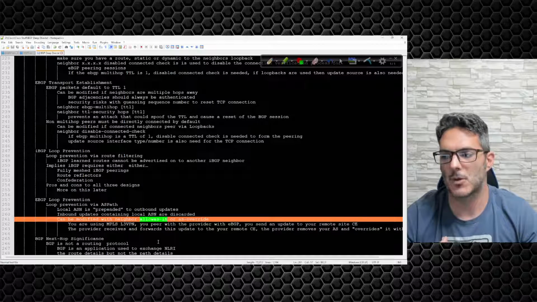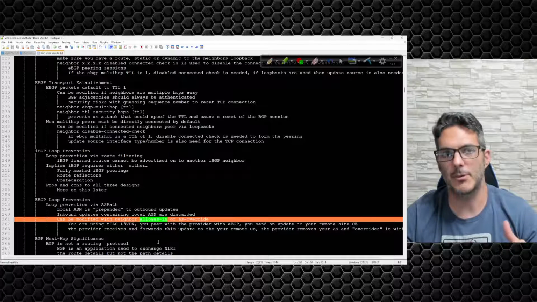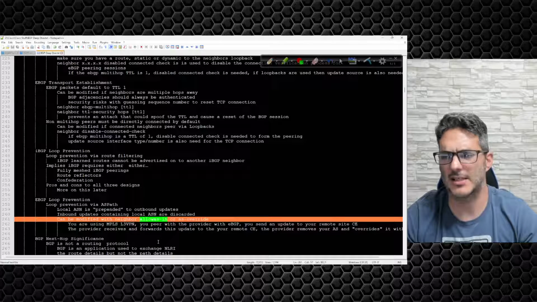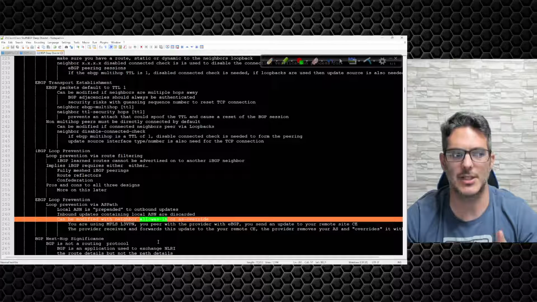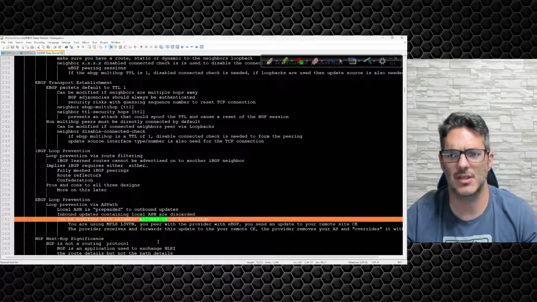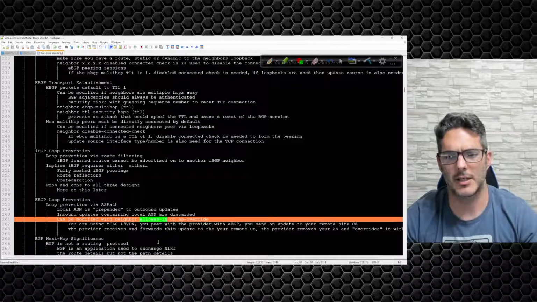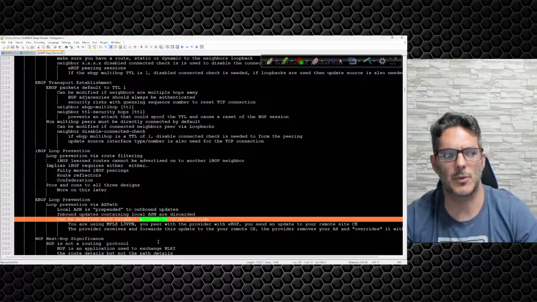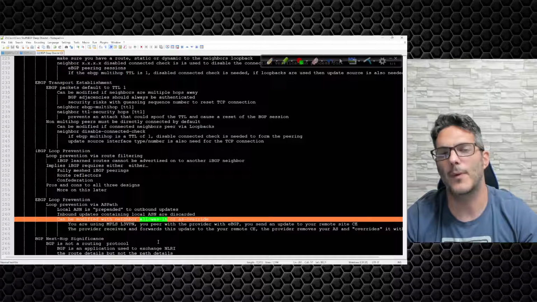When he went to implement this, I got a call at 10 o'clock at night. He was panicking because he didn't see any routes being learned. I asked, what does your BGP AS scheme look like? He said, well, I've got 65000, or whatever number it was, at every one of the remote locations. And I said, oh, that's your problem.